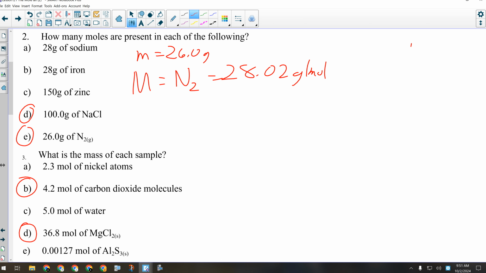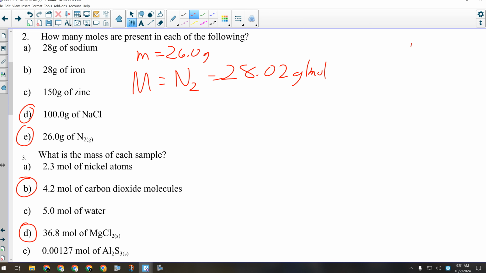Because nitrogen as an element only exists as N2, a molecule of 2 nitrogen atoms, okay? All those molar masses are based on single atom masses, okay?